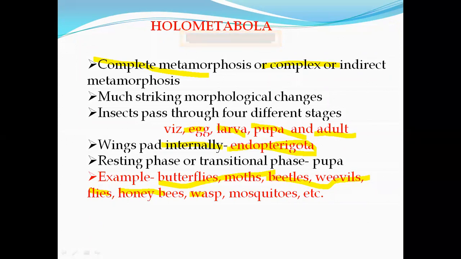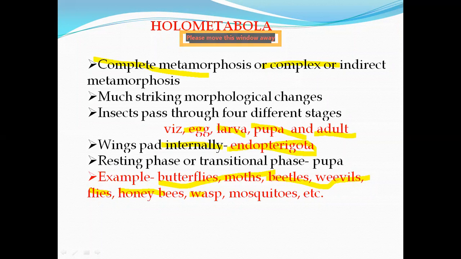So overall, from the competition point of view, the feeding point of view, and even the habitat point of view, that is, the living place, it is entirely different for the adult, larvae, and even the pupa.